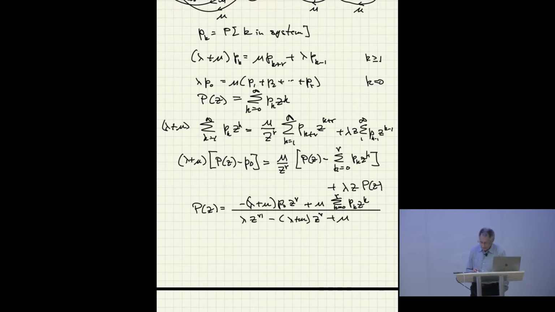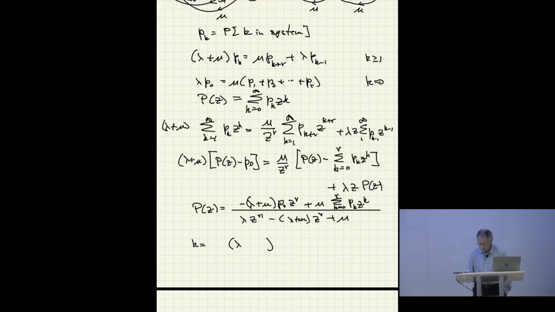Okay. Now, let's look at the k equals 0 equation, which I'm going to need now. That's this equation right here. Let's write that out. That says that lambda, and I'm going to put this in a paren, leave it open for a moment.